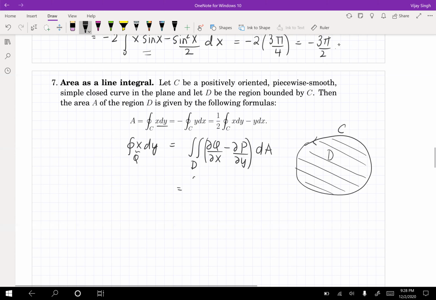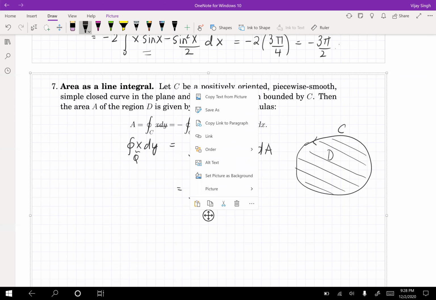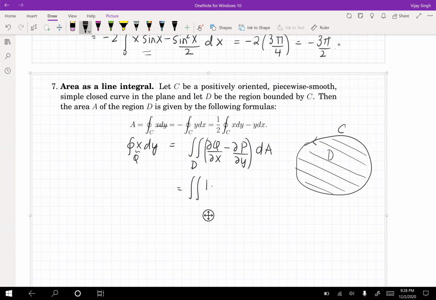Here Q is x. Dou Q by dou x is 1. Dou P by dou y, there's no P, so P is essentially 0 here. So we get the double integral of dA, which is essentially the area of this region D. So now you see the line integral basically gives you the area of region D.